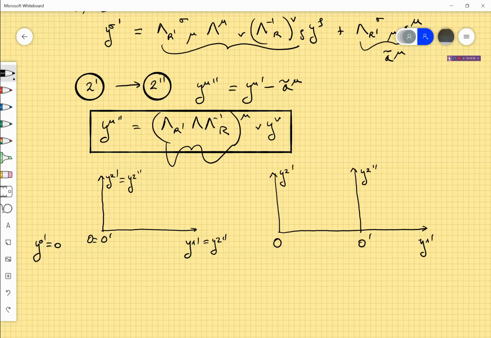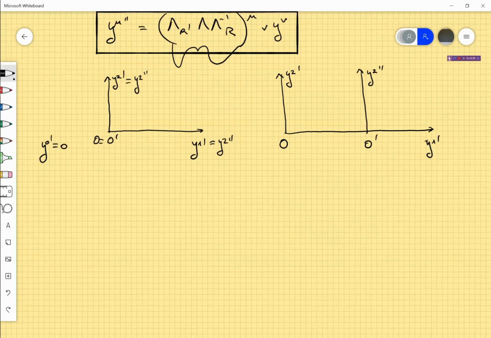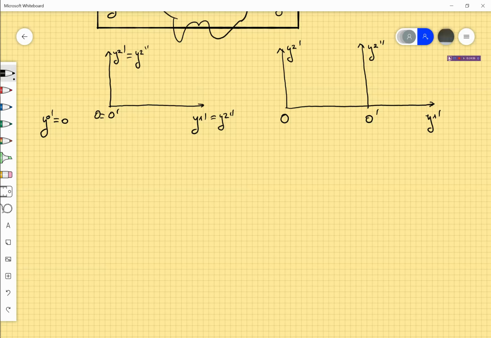Now we want to find the relation between the coordinates y prime and y double prime in this situation, knowing that all the action, all the business takes place in the direction y1 and y1 prime. So nothing happens in y2 prime or y2 double prime or y3 prime and y3 double prime.